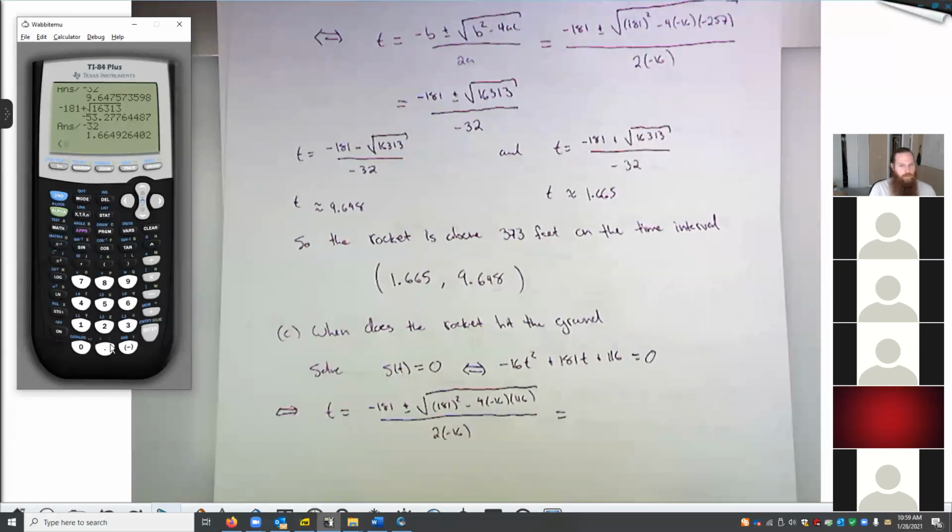The discriminant here is 181 squared minus 4 times negative 16 times C, which is 116.